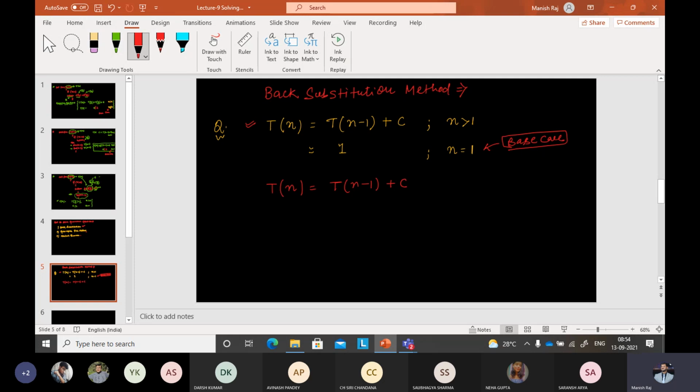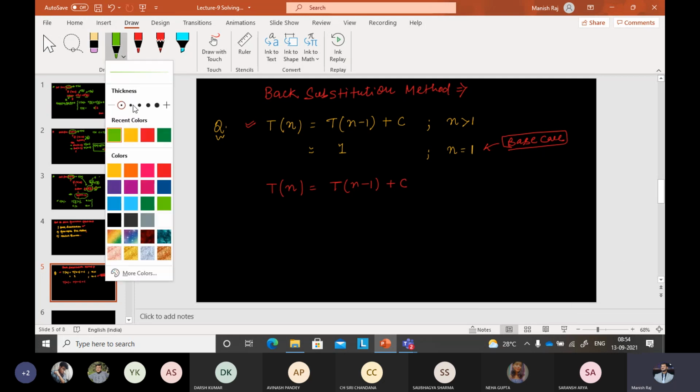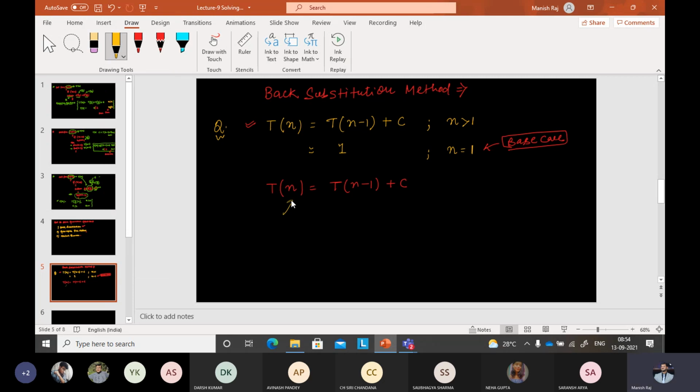Now if I put the value T(n minus 1) here, instead of n you put n minus 1 here, then what will be the relation? What value will come here?